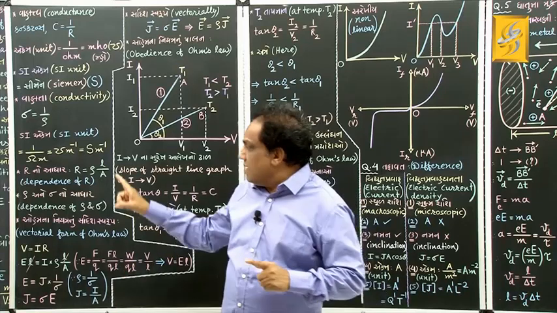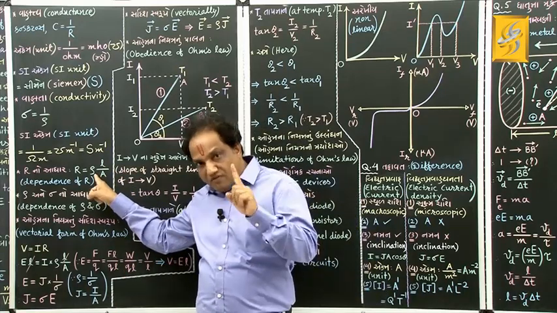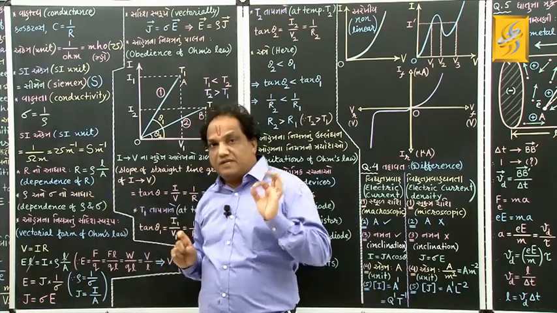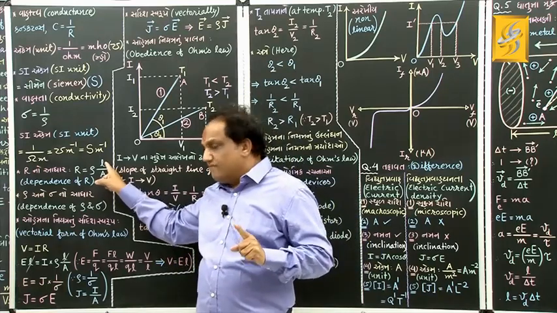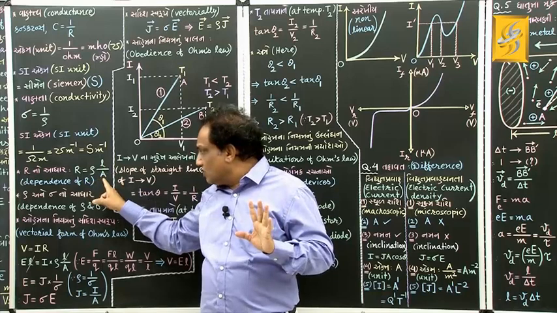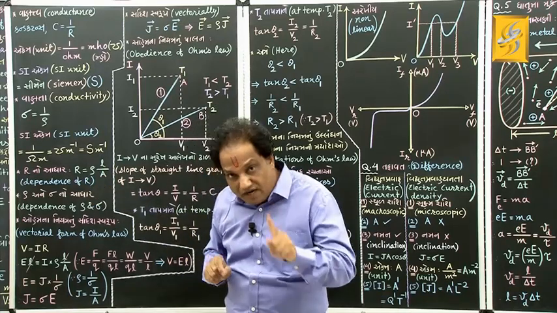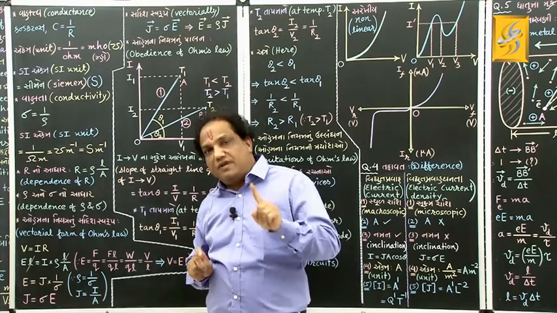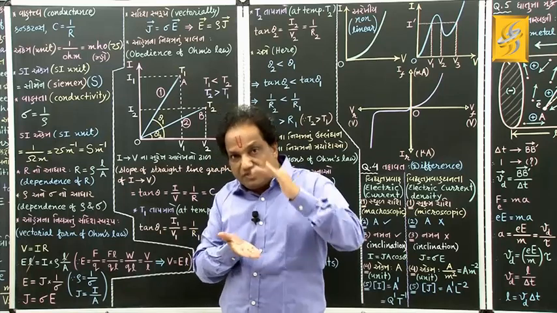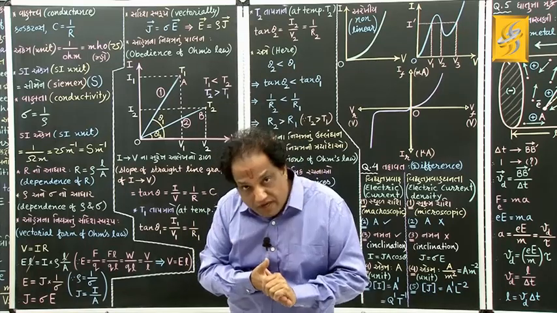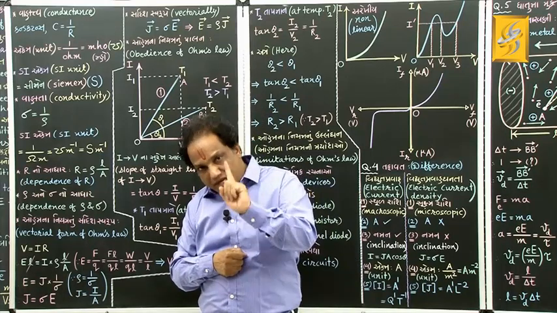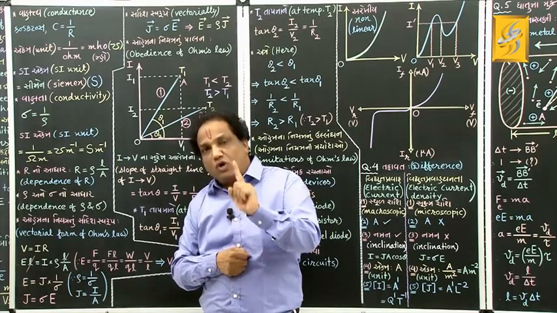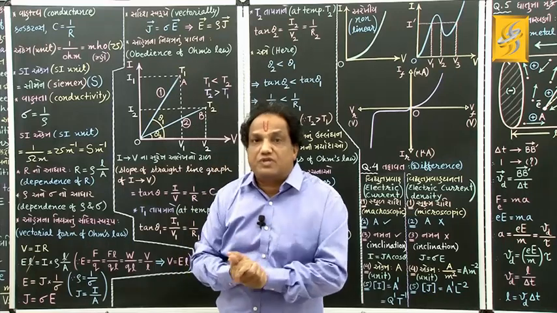First, type of material. Second, temperature of material. Third, length of metallic wire. Fourth, cross-sectional area of metallic wire. And fifth, it also depends on the pressure exerted on that metallic wire. Come on. Type of material, temperature, length, cross-sectional area and pressure.